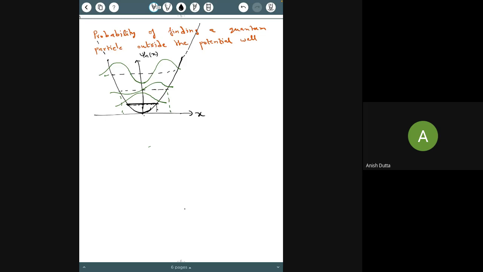This A is different for different states, but let's say this is A. Then we'll try to find the probability of finding the particle beyond this minus A to A region.